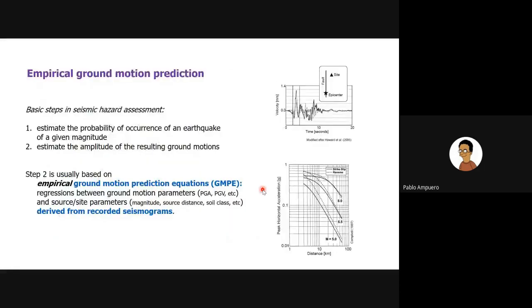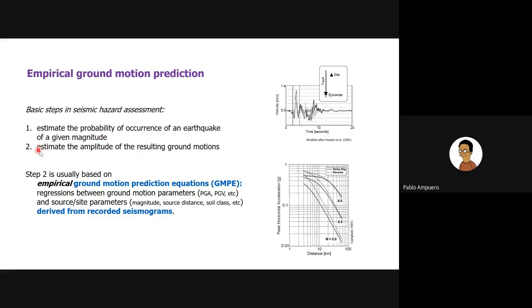But coming back to earthquake engineering, here are some of the basic steps in seismic hazard assessment, to simplify the process. We first estimate the probability of occurrence of an earthquake of a certain magnitude. And then for those earthquakes, we estimate the amplitude of the ground motions they could produce.